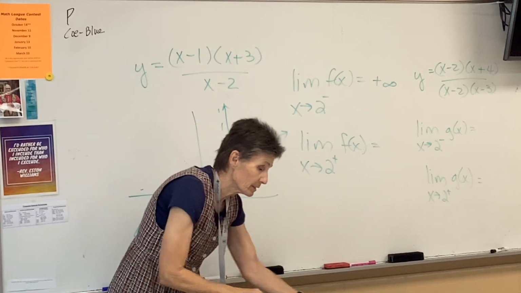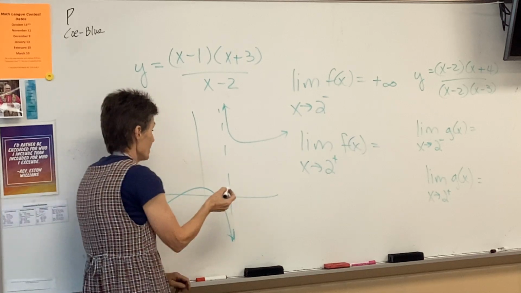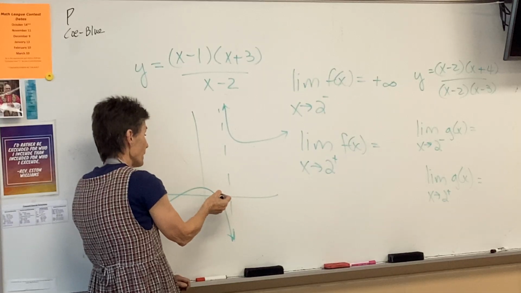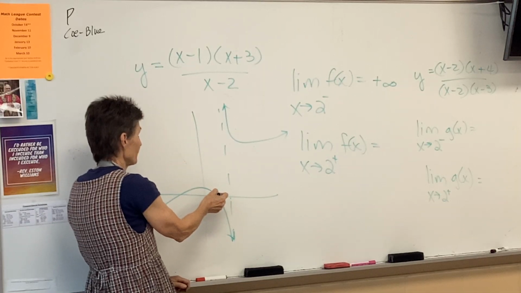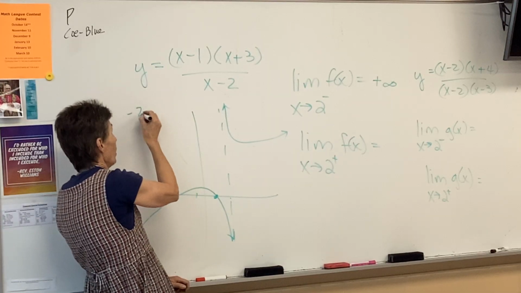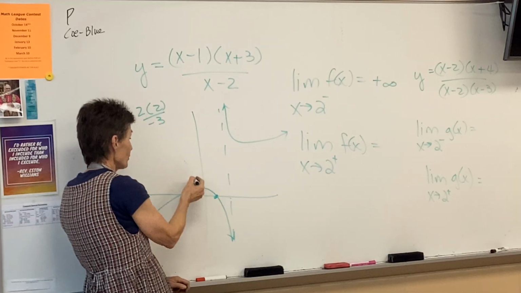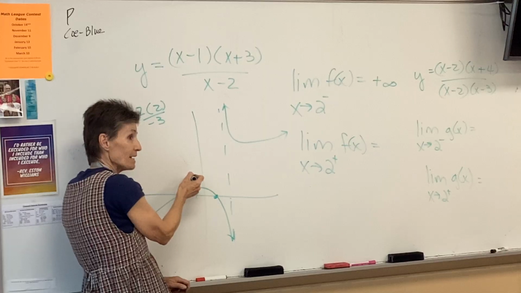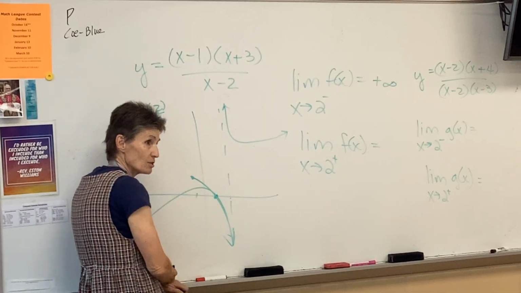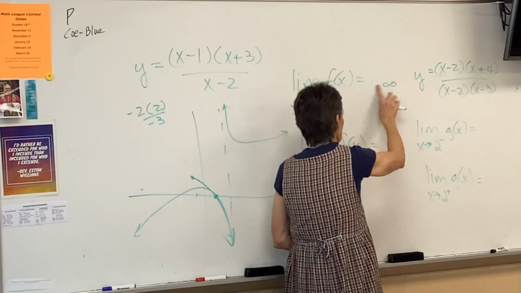Now, your calculator did nothing that you are not capable of doing. This is positive 2. If you plotted a point at positive 1, you would have gotten 0. And then if you would have plotted a point at negative 1, you would have gotten 4/3, which is higher than 0, which means that thing is going down. So from the left, it's actually negative infinity.